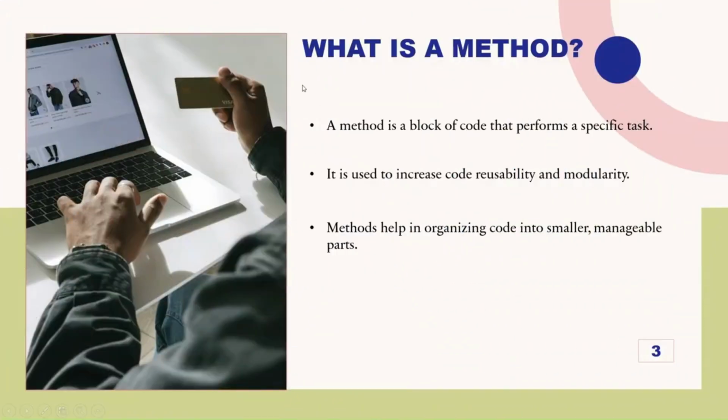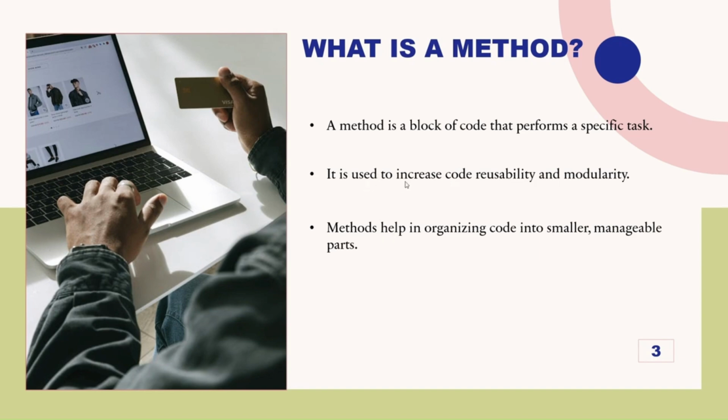So what are methods? Methods are a block of instructions which is used to perform a specific task. Basically, it is the instructions provided for your methods to perform well.